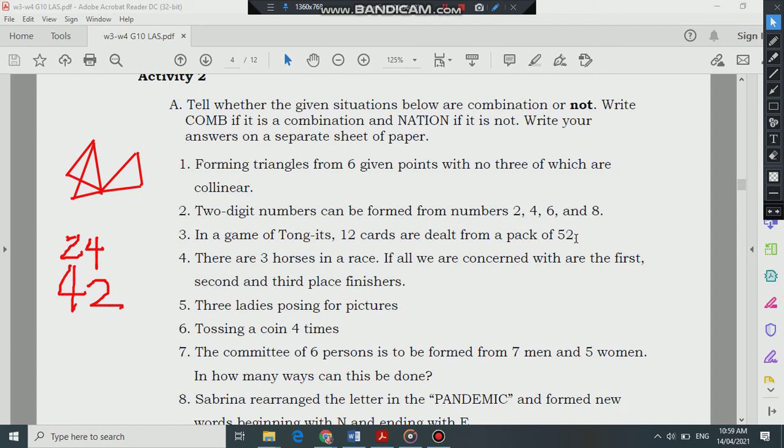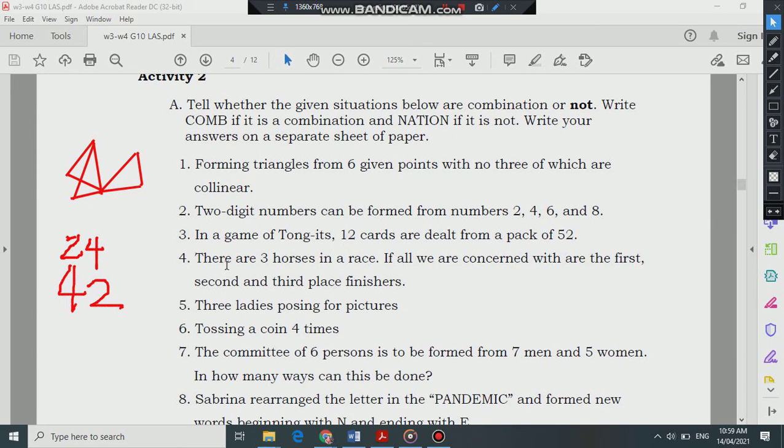So, do you think order is important or not? In forming 12 cards out of 52 cards, do you think order is important? No. Therefore, this one is for combination.